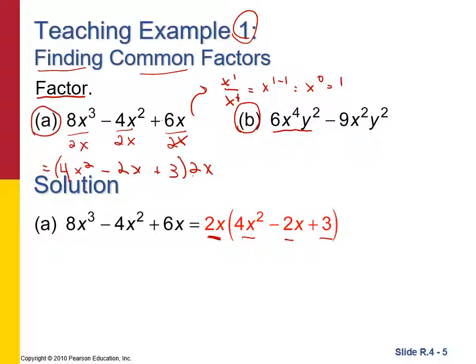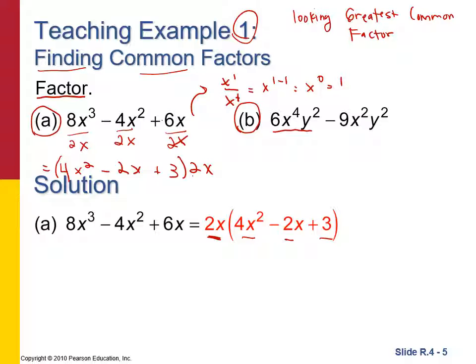Looking for the greatest common factor of both terms. You can get the greatest common factor out of this 8x cubed, right? But is it the same for each term? And so what is the greatest common factor for each of these terms here?